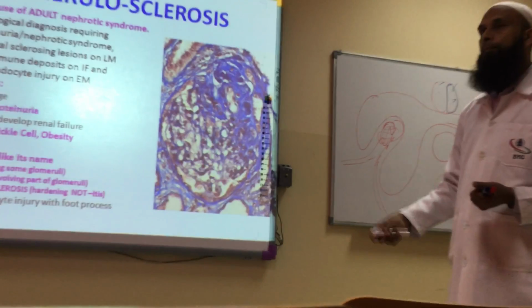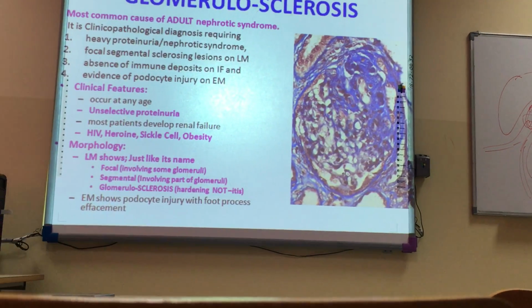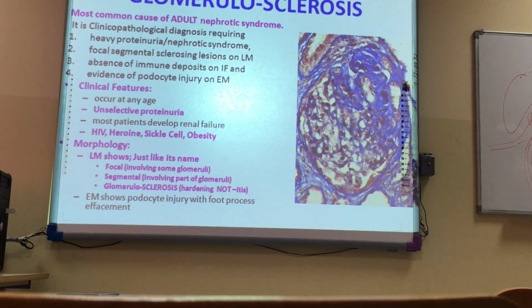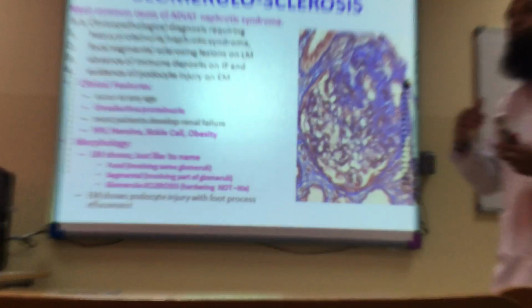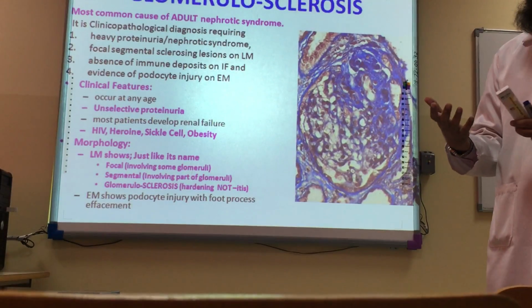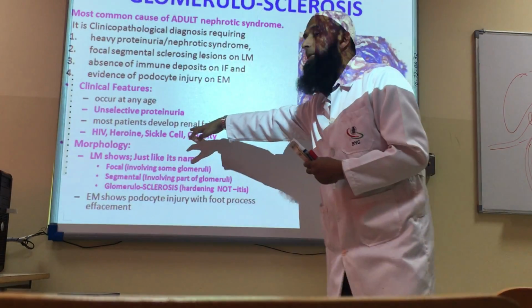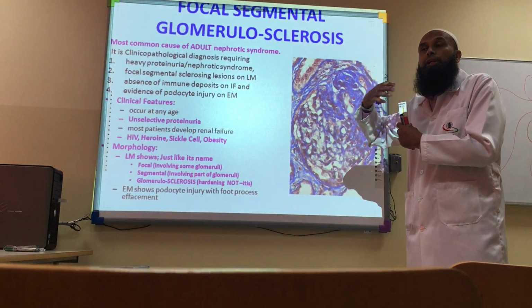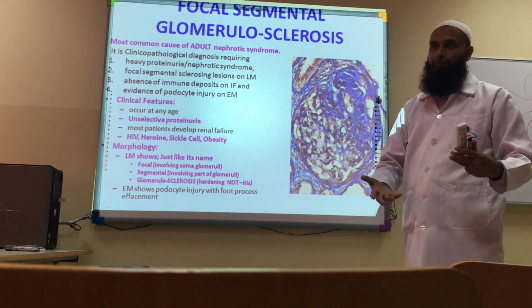Can I please ask a question? If it is only part, only focal and only segmental, why would it eventually lead to renal failure? Actually, even then the damage is so extensive, because of some associated factors, that it shows results at a very late time.